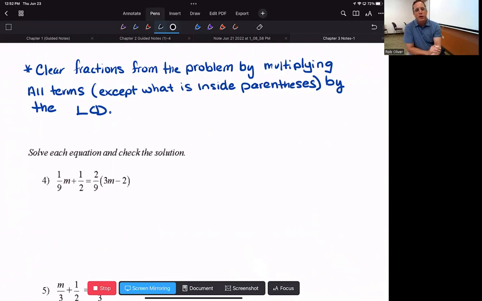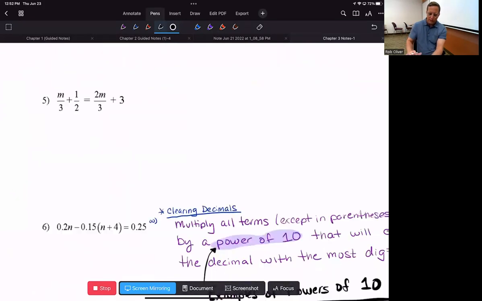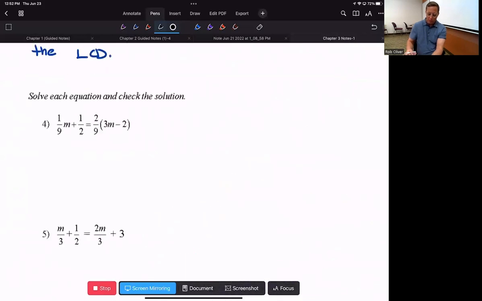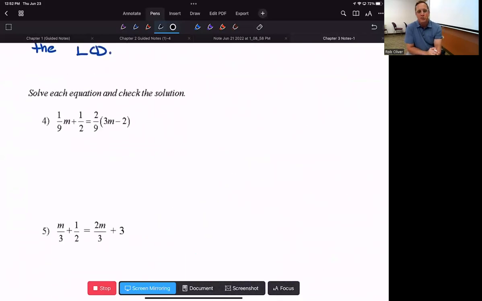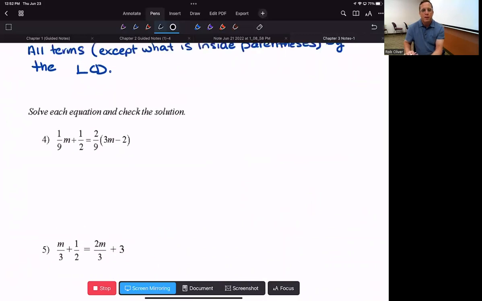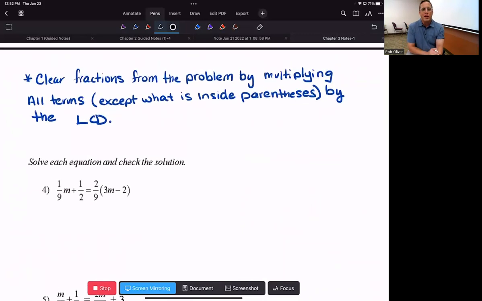And the notes that I gave you guys for this one is to clear fractions. So you'll see that the next few examples here, the next 2 examples at least, have fractions all over the problem. So we're going to clear fractions from the problem by multiplying all the terms, except what is inside parentheses. So you're going to leave what's inside parentheses alone.